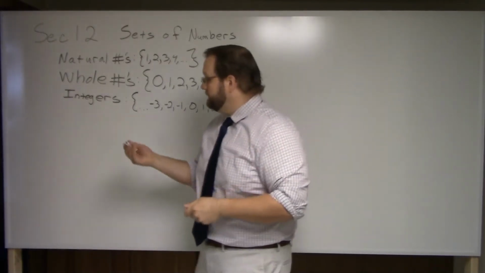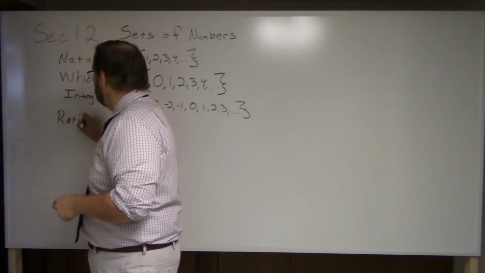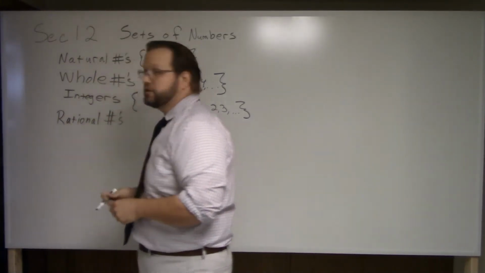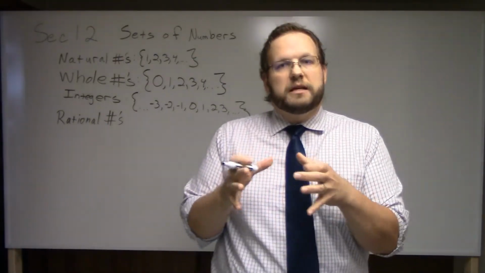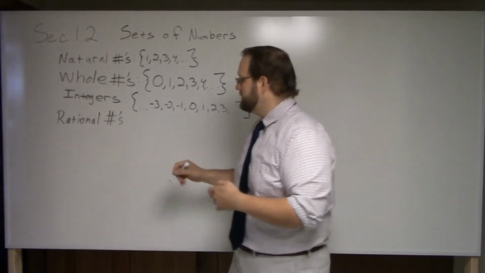The next one is called rational numbers. Okay? Now, rational numbers are a little different because I can't really list those out. Okay? So I'm going to describe them instead.